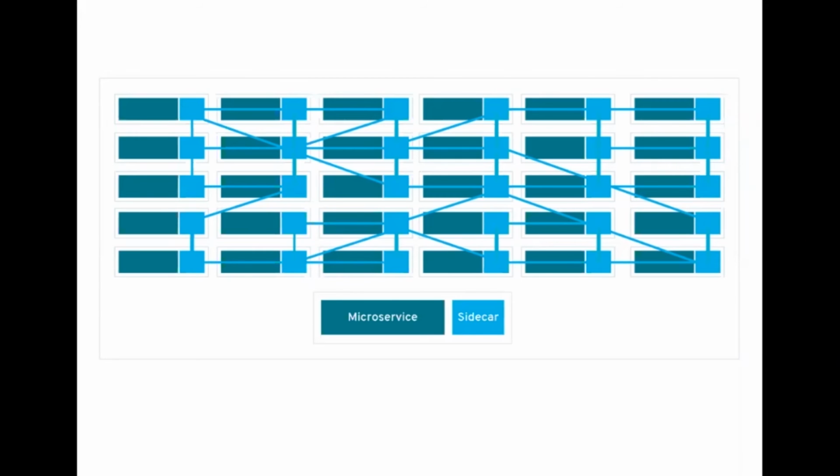Basically, I am offloading all the auxiliary work from my actual container to the sidecar that I am deploying. These are the advantages I get when I implement the sidecar.